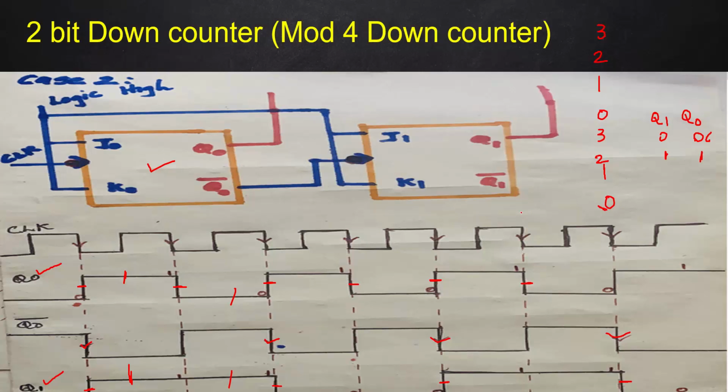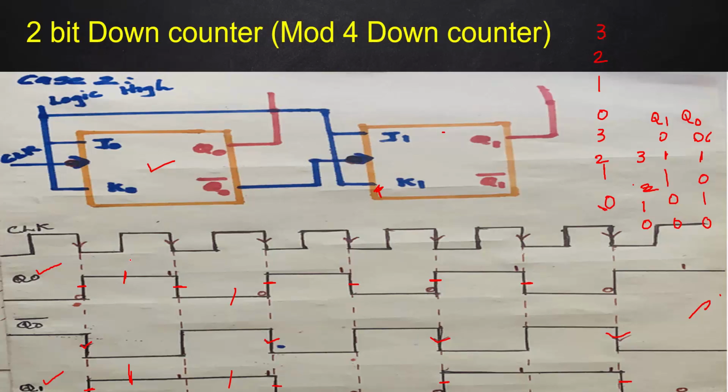That is 1 0 here. This is 1 0 and next it is 0 1, next it is 0 0. That is 3. Here it is 3 2 1 0 and we'll repeat the pattern.